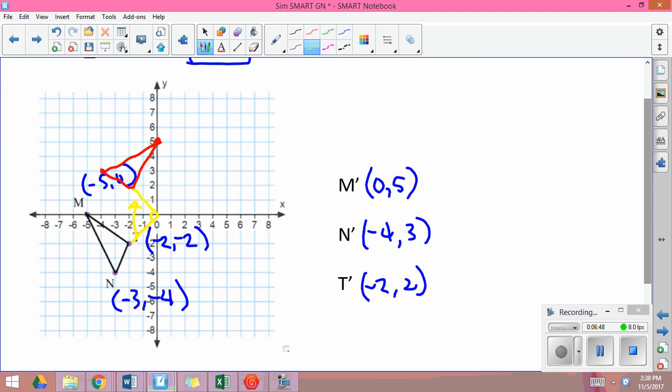And every one of these points from N to N is 90, from M to M is 90. They're all 90 and they're all moving clockwise.